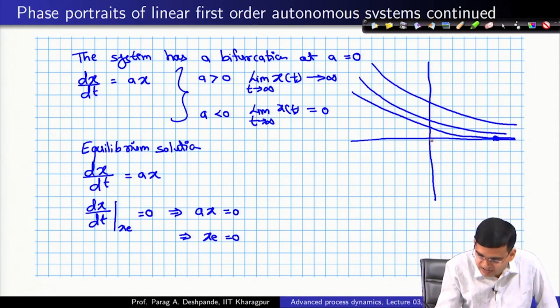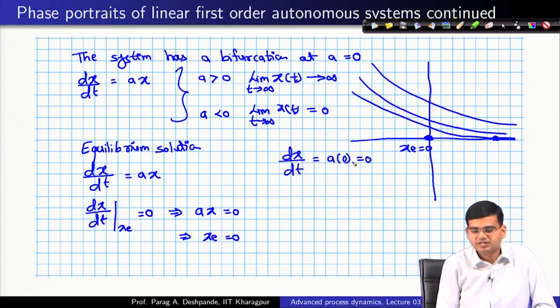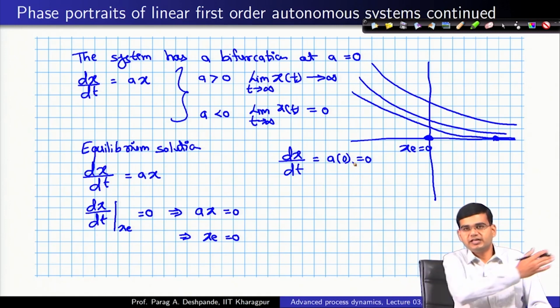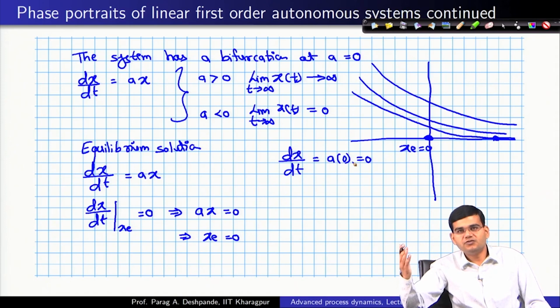If you start with 0 itself, x e is equal to 0, you have dx by dt equal to a times 0, which means 0, which means that the gradient is 0. So your gradient is 0, which means you are on a horizontal line. So, the next value of the dynamical variable will also be the same. That is the meaning of the equilibrium solution.